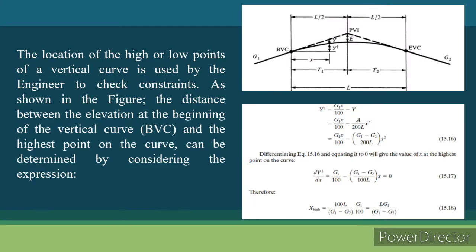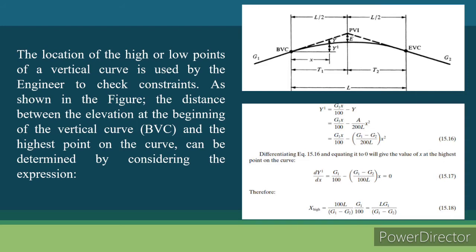The location of the high or low points of a vertical curve is used by the engineer to check constraints. As shown in the figure, the distance between the elevation at the beginning of the vertical curve or the PVC and the highest point on the curve can be determined by considering the expression y1 equals grade times x all over 100 minus the offset.